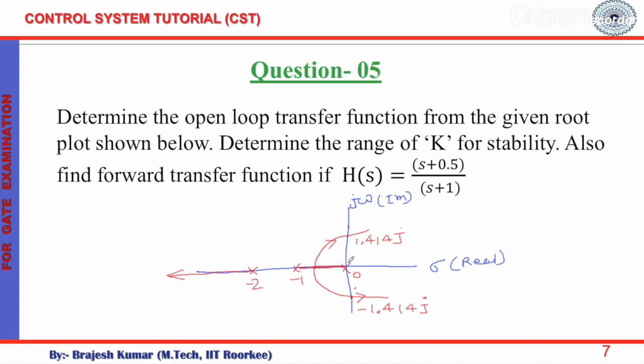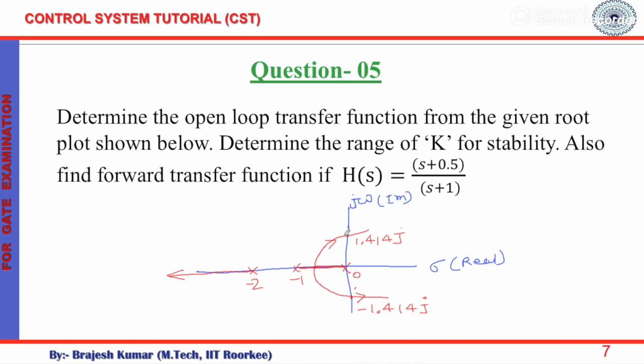What could be the range of K for stability? K will start varying from 0 to infinity, but at a particular value, K equal to K marginal, it is going to cross this j omega axis. So for any value greater than K marginal, the system will become unstable.